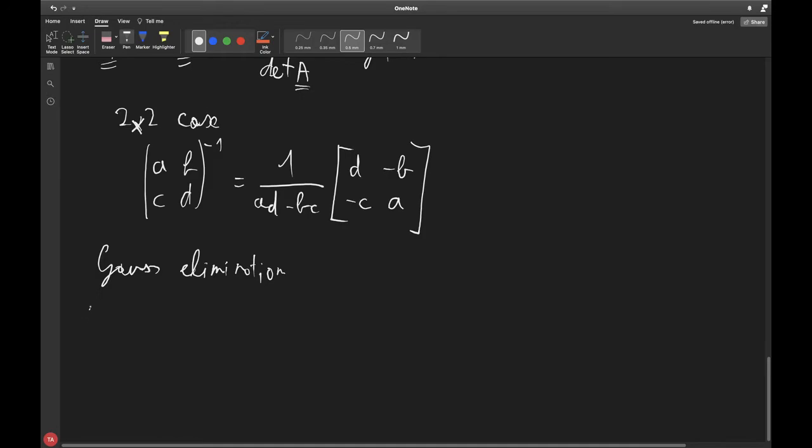And one application of all this is actually less relevant for what we're doing, but it's an application: to solve systems of equations.